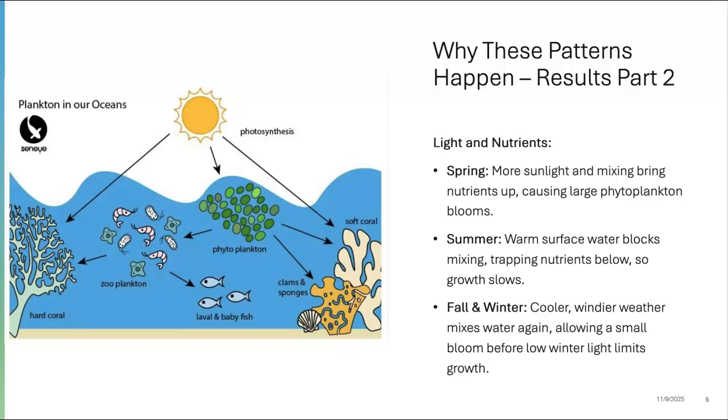Even though there is a lot of light, phytoplankton do start to starve and chlorophyll drops. In the fall, cooler weather and strong winds mix the water again, sometimes creating a smaller second bloom. Then in winter, there's not enough sunlight for much growth. This cycle repeats every year in temperate zones, which is why we often talk about a spring bloom being a big event for these ecosystems.